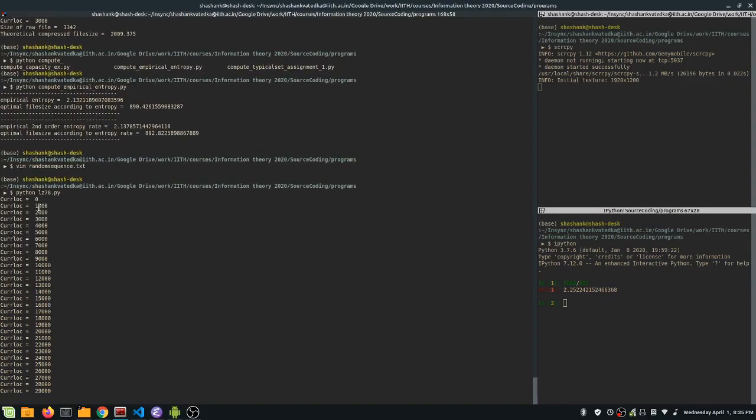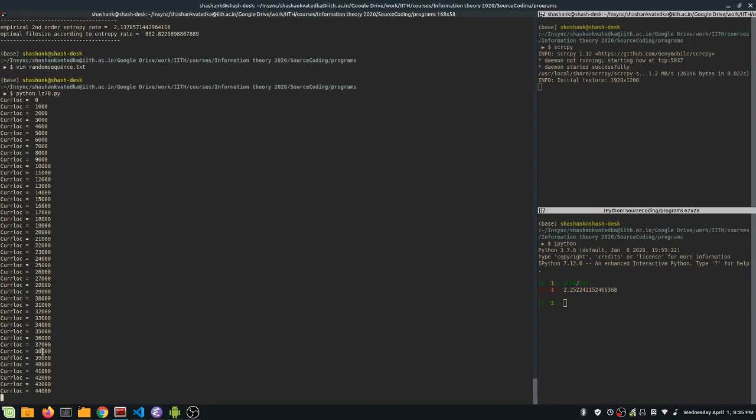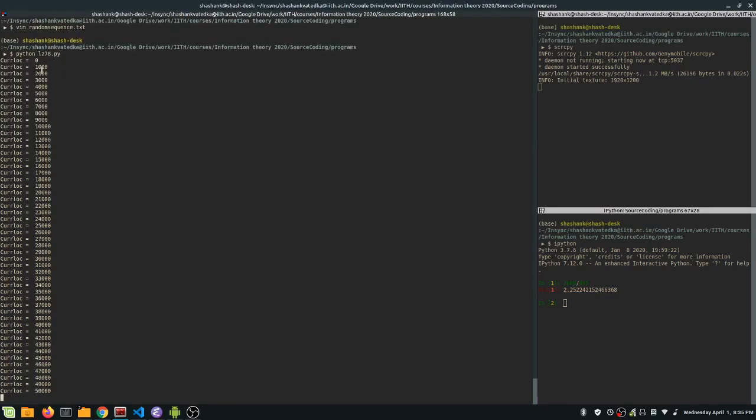So now the Lz78 algorithm is parsing symbols, and I'm printing the current symbol after every 1000 symbols. Note that the algorithm was moving very fast in the beginning, but as it goes on, now we got 70,000, 71,000, 80,000, it's becoming much slower. The reason is that the dictionary constructed so far is pretty large, and searching through this dictionary takes time.